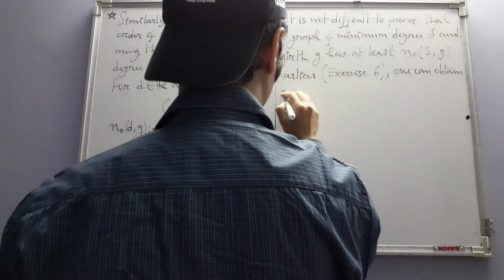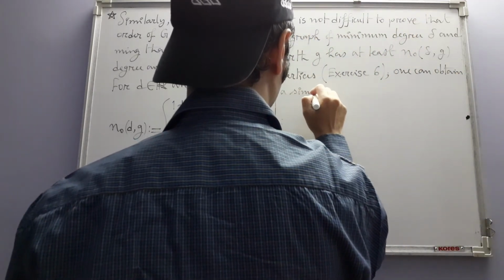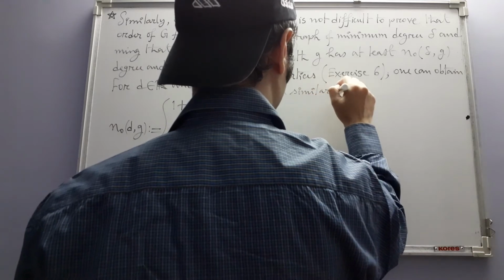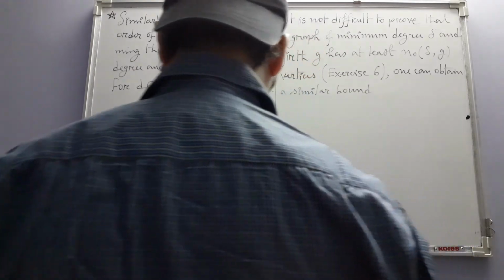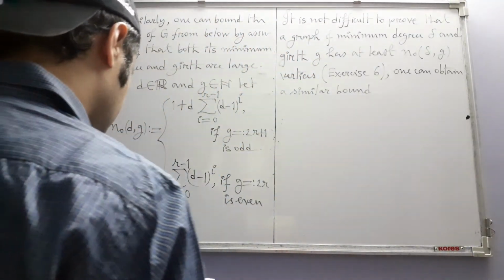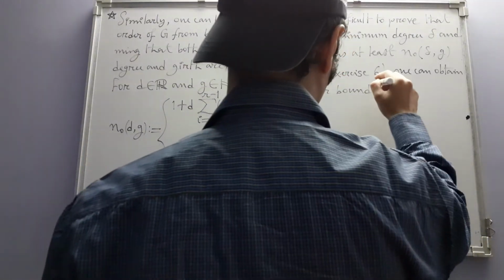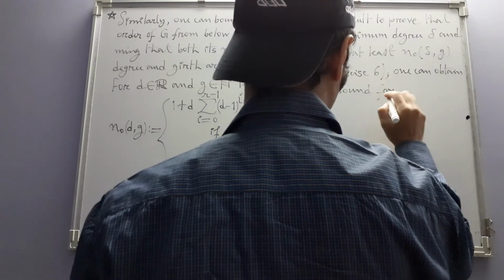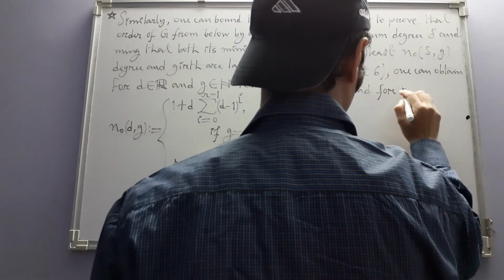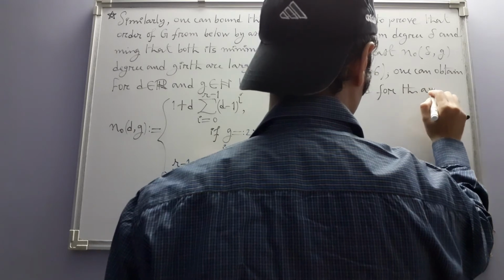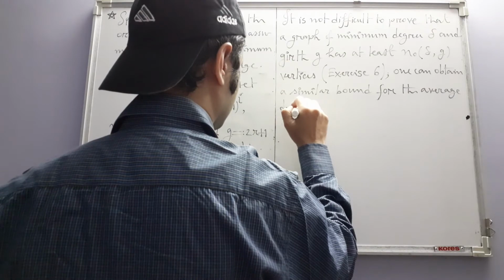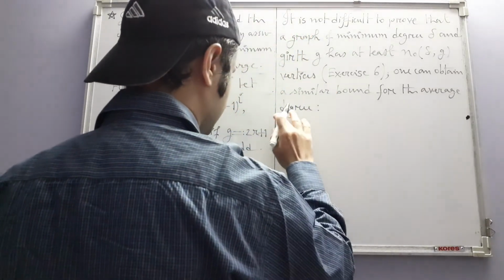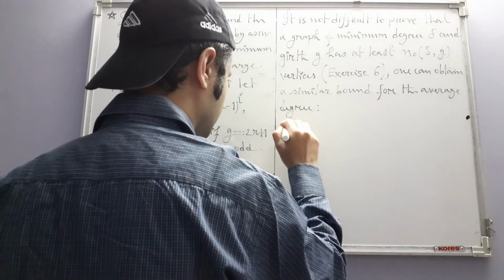One can obtain a similar bound for its average degree, for the average degree of the graph. And there is a theorem whose proof is not given.